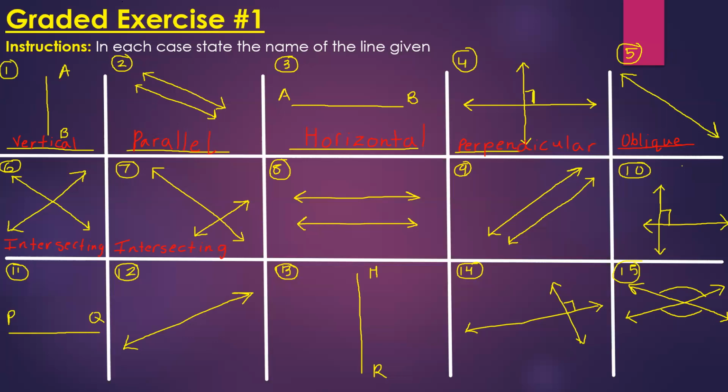Julicia, which one for number 8? Parallel. Is she correct with parallel? Yes, sir. She is correct. It is parallel lines. And how do we know it's parallel? They do not intersect or meet. Very good.